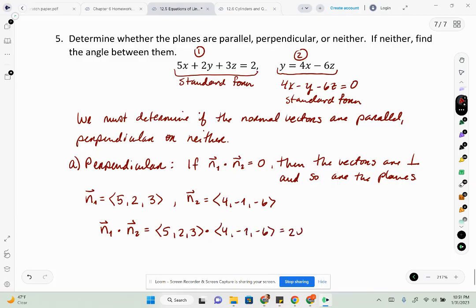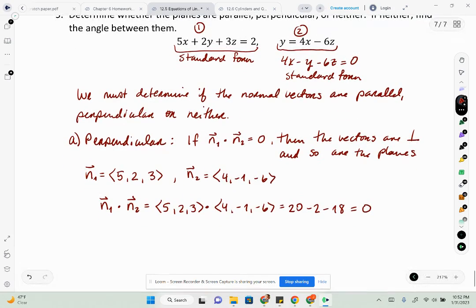This is going to give me 20 minus 2 minus 18, which is equal to 0. Oh, I guess my work is done here. The planes are perpendicular because n1 and n2 are perpendicular.